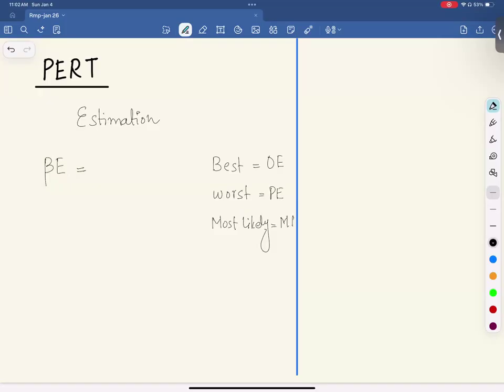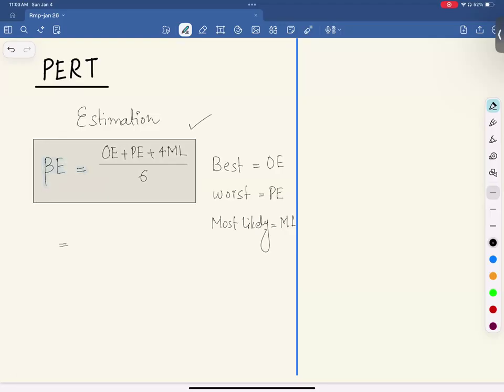And the balanced one is most likely. So for beta estimate, we use a formula: optimistic estimate plus pessimistic estimate plus 4 into most likely, divided by 6. Right? This is your PERT.